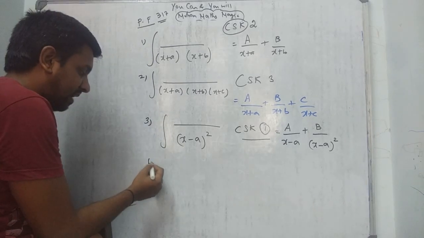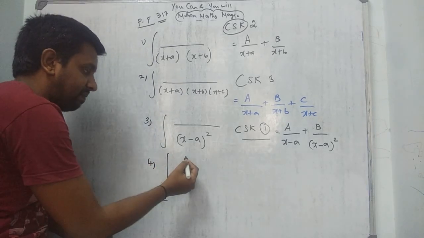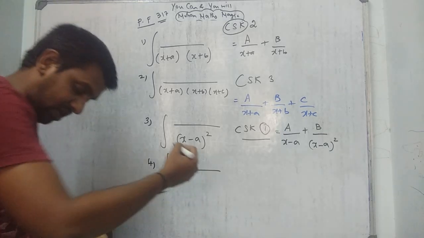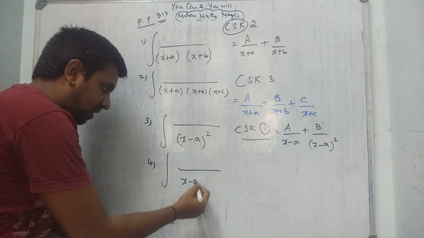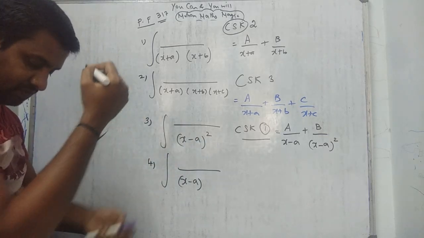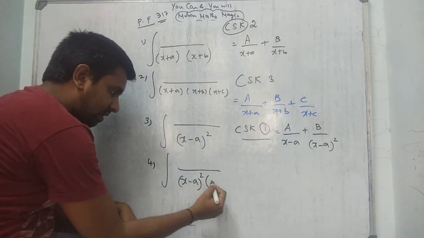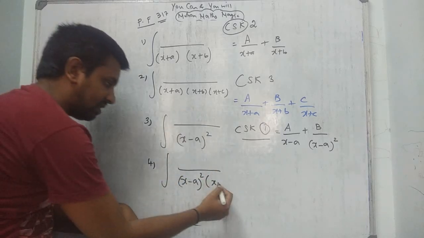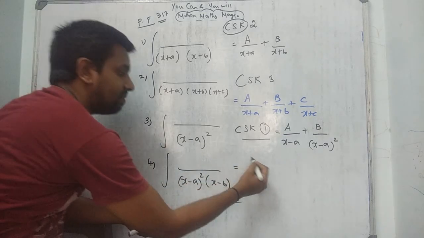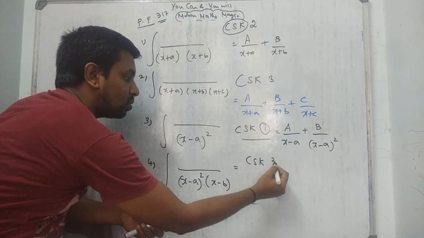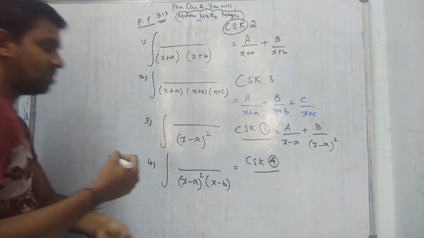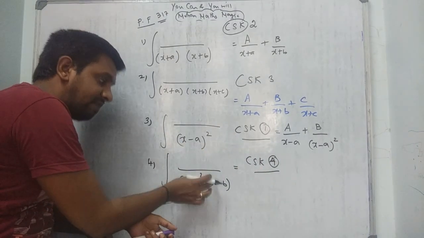And the 4th type of partial fractions: any fraction where they give you a whole square with an attachment, x minus a whole square with the attachment. This is said to be CSK4, as CSK2 and 3 are already done.